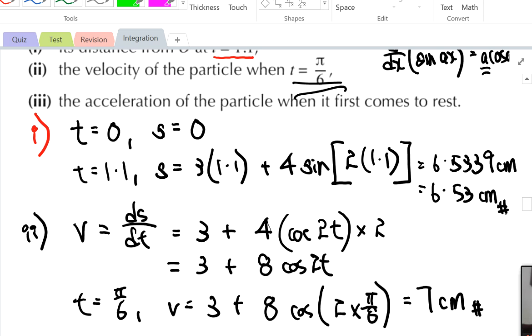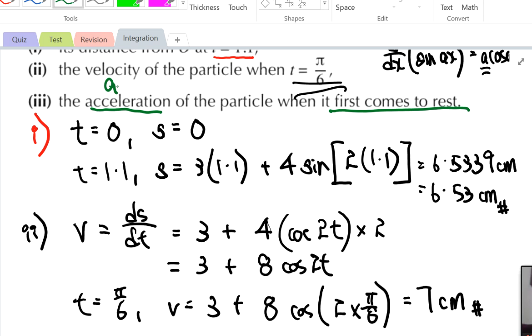Okay, last question. Notice the phrasing of the question, more or less similar, but we just need to take note. The last part: acceleration of the particle when it first comes to rest. There are two keywords here. First keyword, acceleration. Next keyword, come to rest. What's the meaning of come to rest?